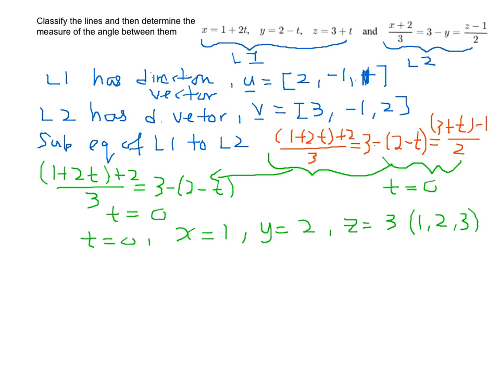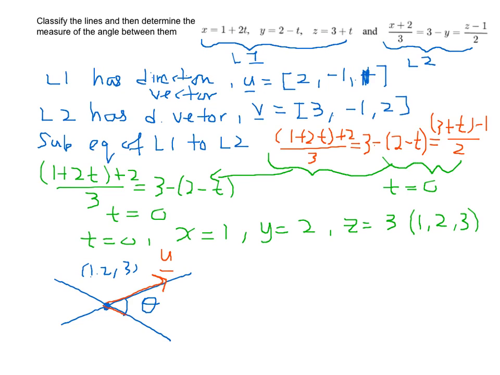And to determine the measure of the angle between them, we can suppose these two lines meet at the point 1, 2, 3, and this is the angle we're talking about. How do we do this? Now, very simple. For the first line, we know the direction vector as u.